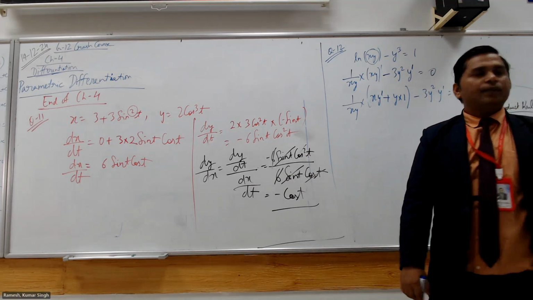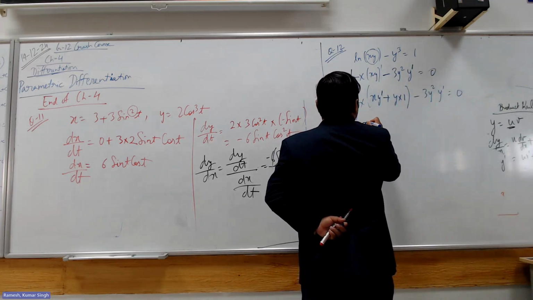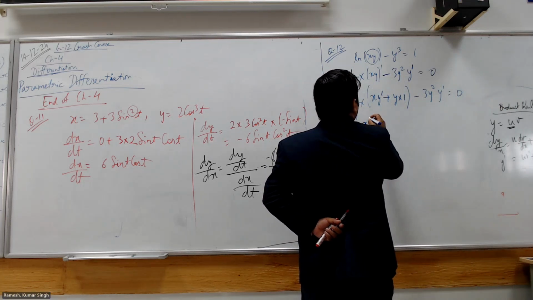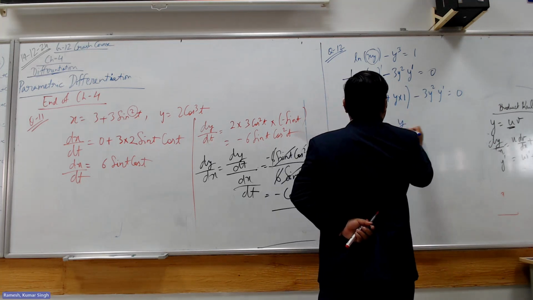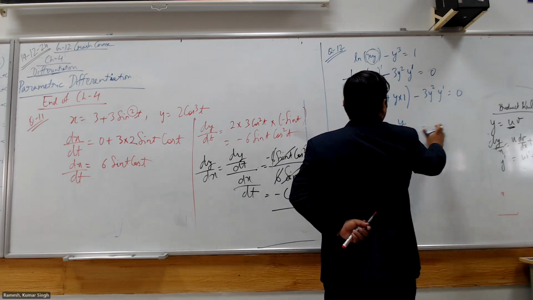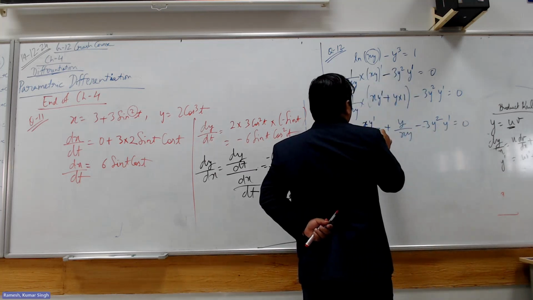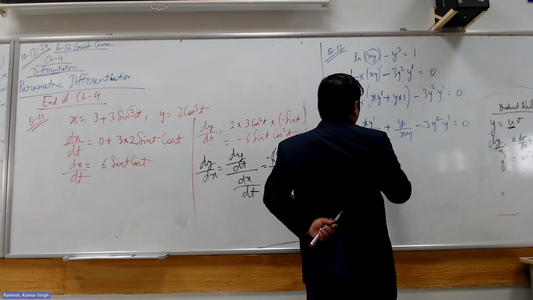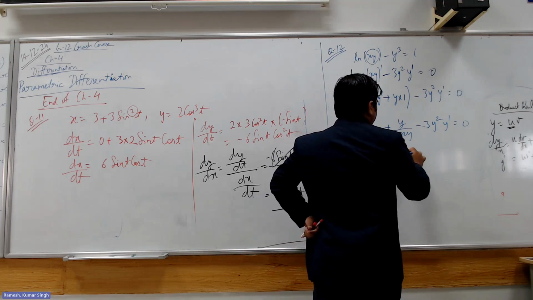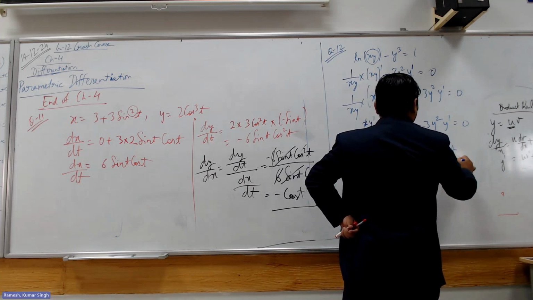Clear? Now simplify. So this is going to become x y dash over xy plus y over xy minus 3y square y dash equal to 0. So x gets cancelled. So y dash common: 1 over y minus 3y square equal to negative y over xy.